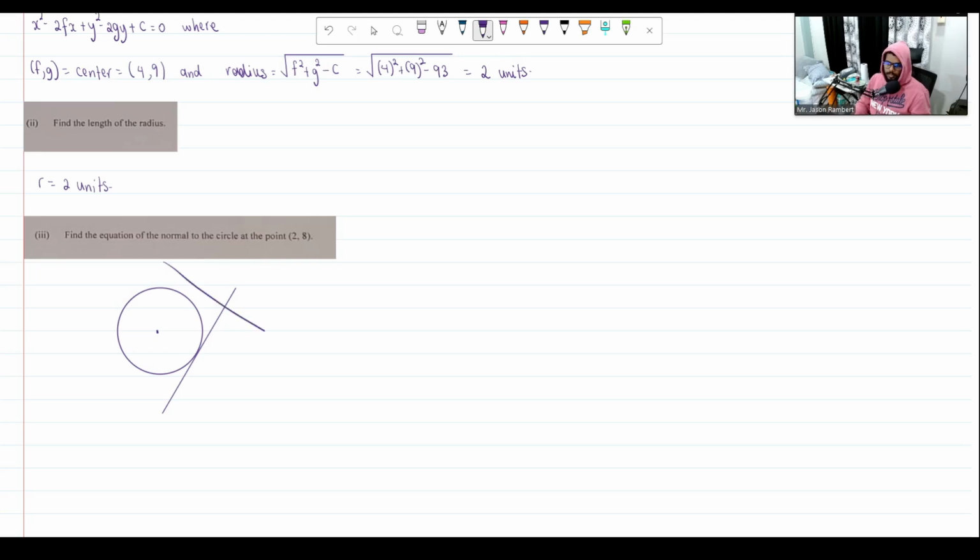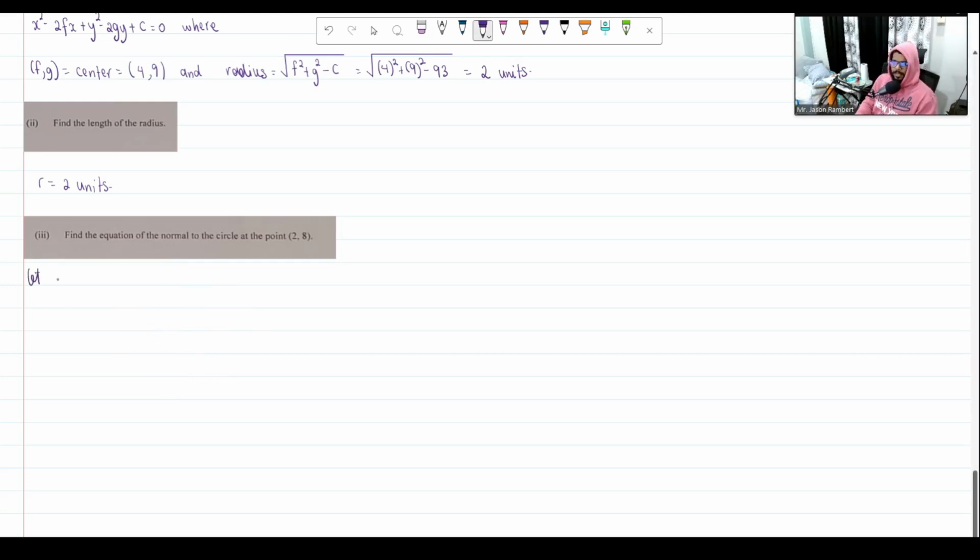A normal is perpendicular to a tangent, and a normal is parallel to the radius. So if I can calculate the gradient of the radius, I get the gradient of the normal, and I have a point on the normal. I'm good to go.